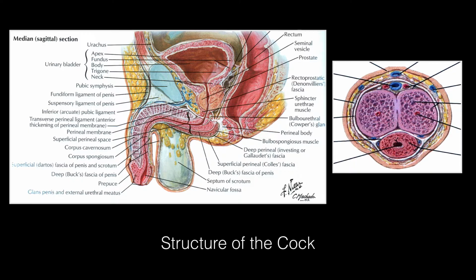Now, there are two types of muscles in the penis. The bottom muscle, the corpus spongiosum, fills with blood. It is an erectile tissue and it surrounds the urethra. And it looks like a darker red color. And the other type of muscle is called the corpus cavernosum.